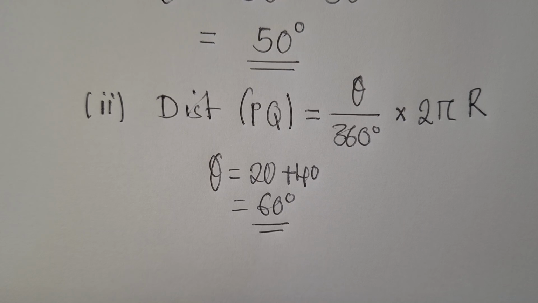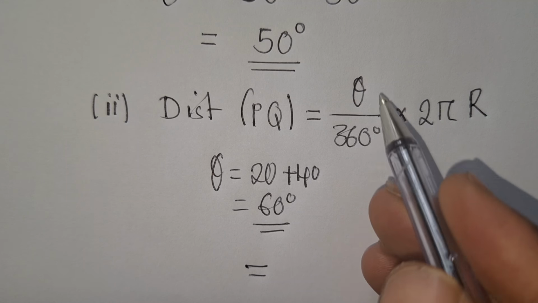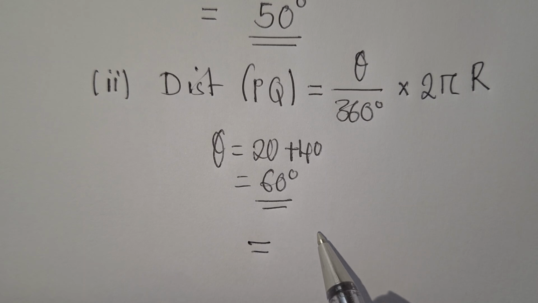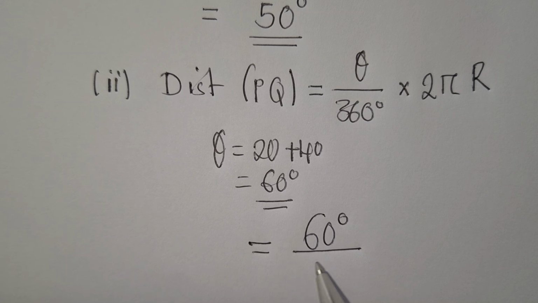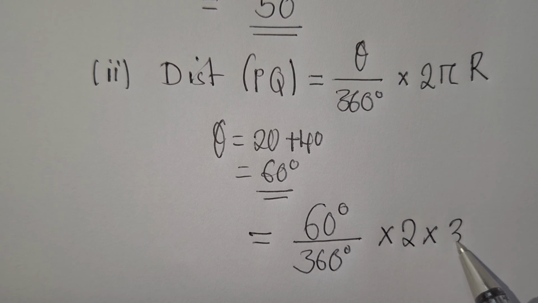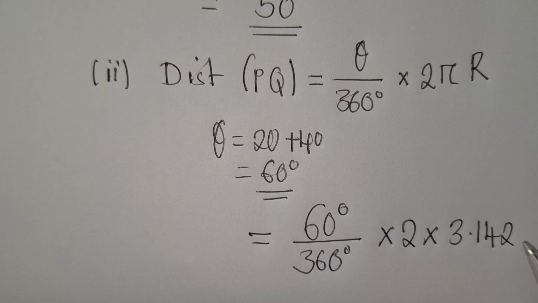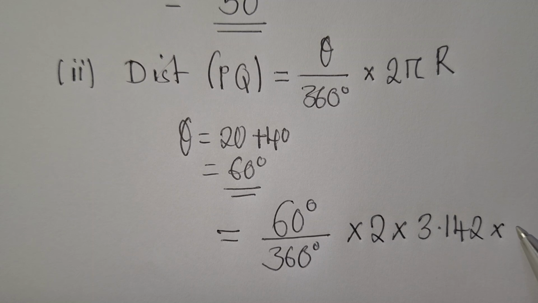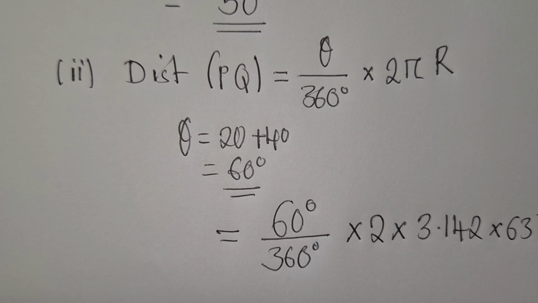Now looking at the formula, we know that our theta is 60. So we're going to write here 60 degrees over 360 degrees, and then times 2 times pi, which is 3.142, times the radius. They've given us the radius, which is 6,370 kilometers.